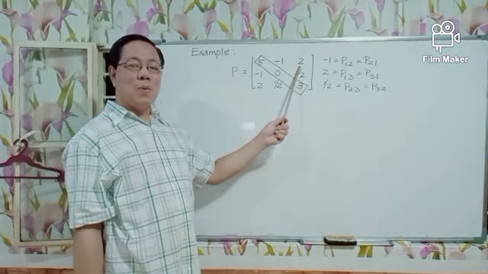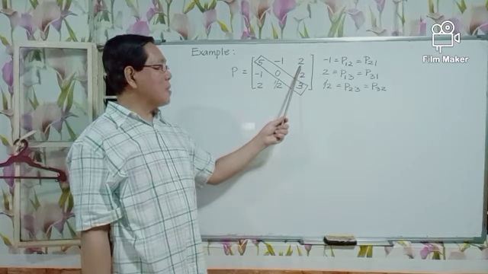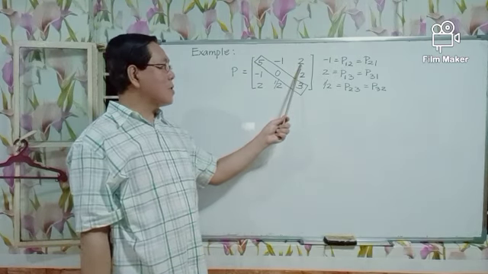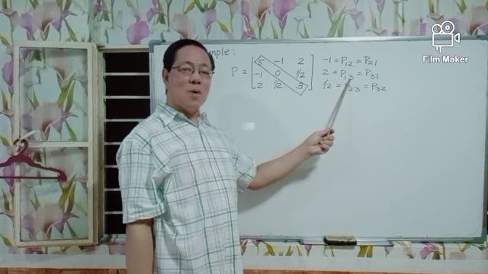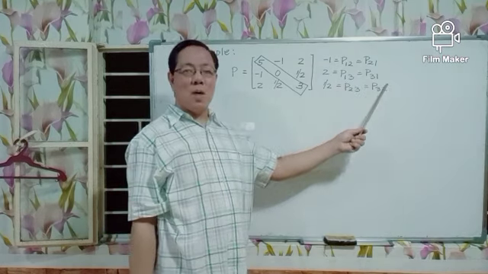Next, we have 2 above the diagonal. This is the entry in the first row and third column, denoted by P13, and we check if this is equal to the entry P sub 31.